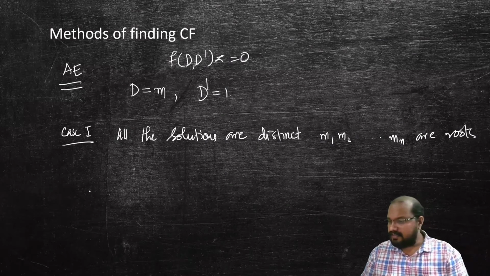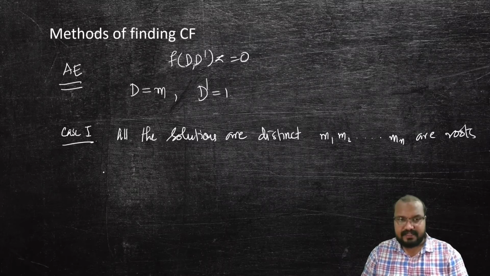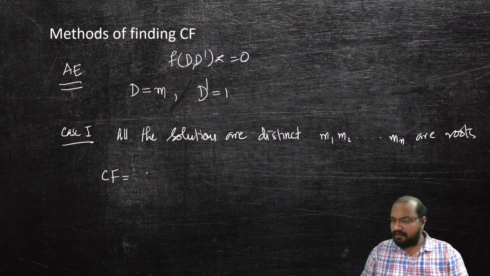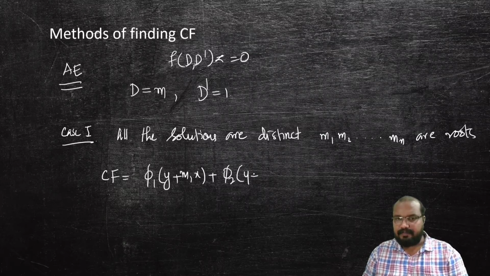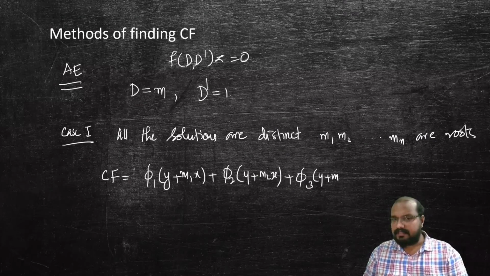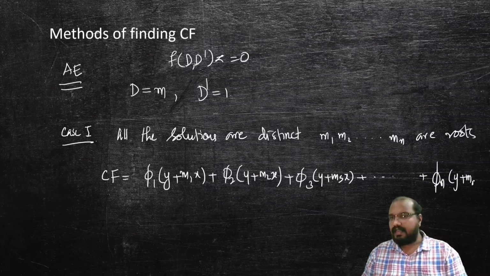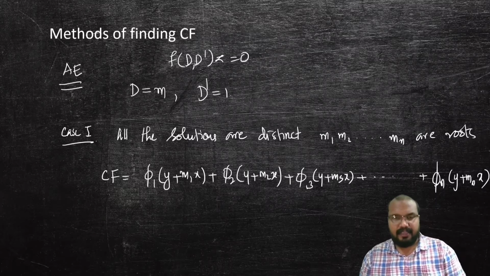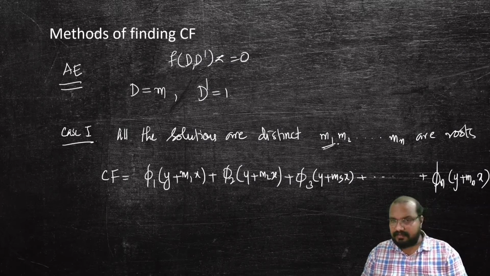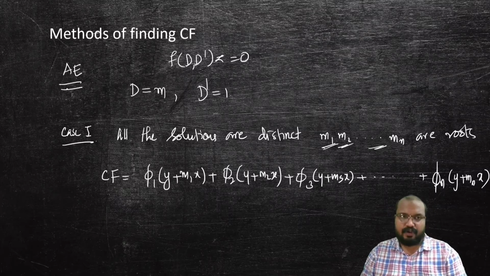Then we can write the solution or the complementary function as phi 1 of y plus m1x plus phi 2 of y plus m2x plus phi 3 of y plus m3x plus etc. plus phi n of y plus mnx. This will be the complementary function if all the roots are distinct for the auxiliary equation.